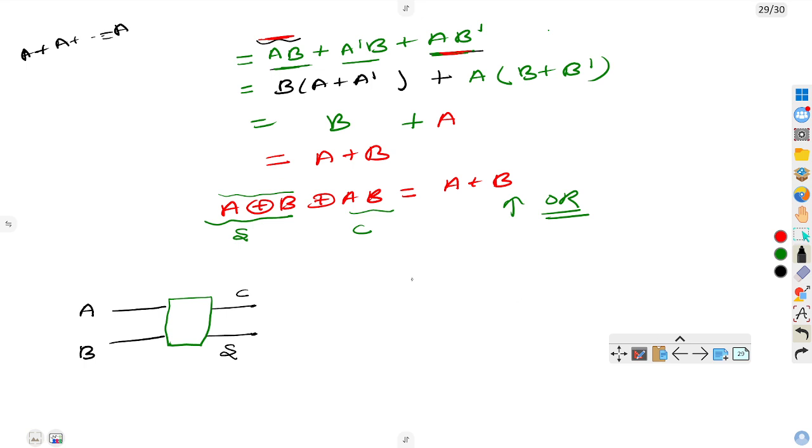This sum and carry will be the input of the second half adder. So actually to design one OR gate we will need two half adders.